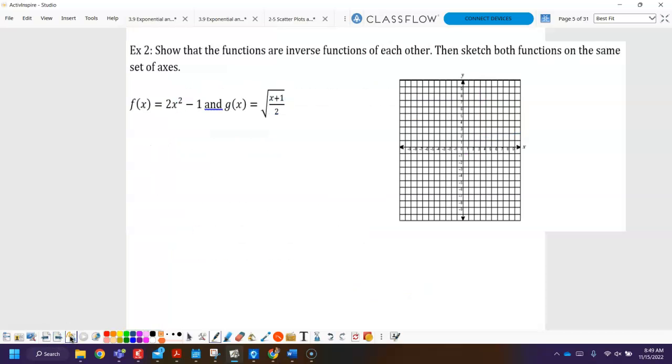Show that the functions are inverses of each other, and then sketch both functions on the same set of axes. So you have f of x equals 2x squared minus 1, and g of x equals the square root of (x plus 1) all over 2. To algebraically show that they are inverses of each other, you are going to show that f of g of x is equal to x.